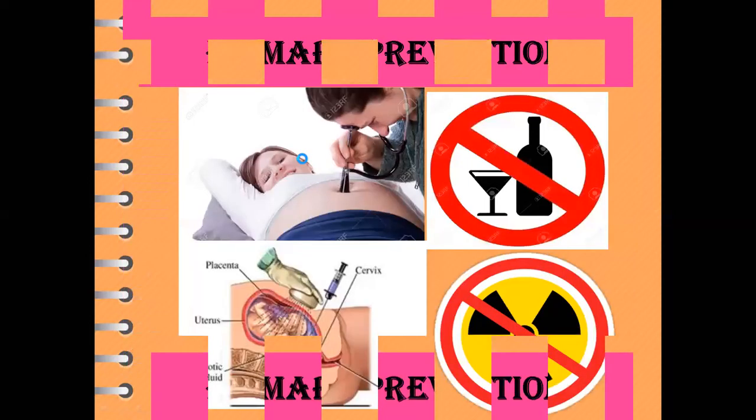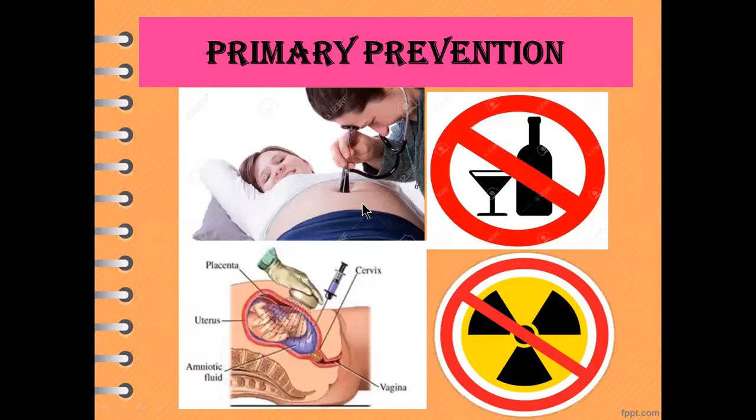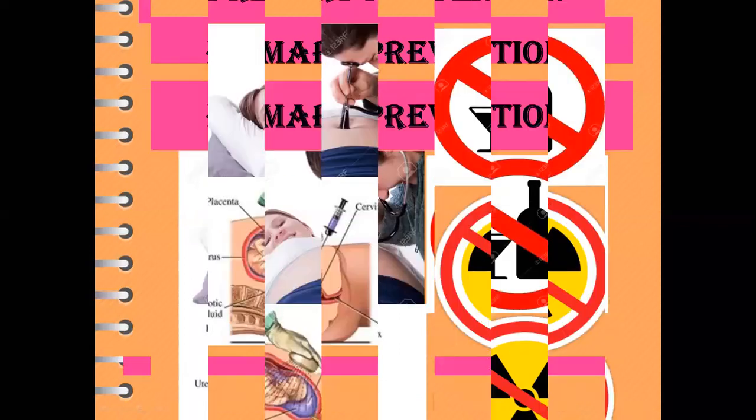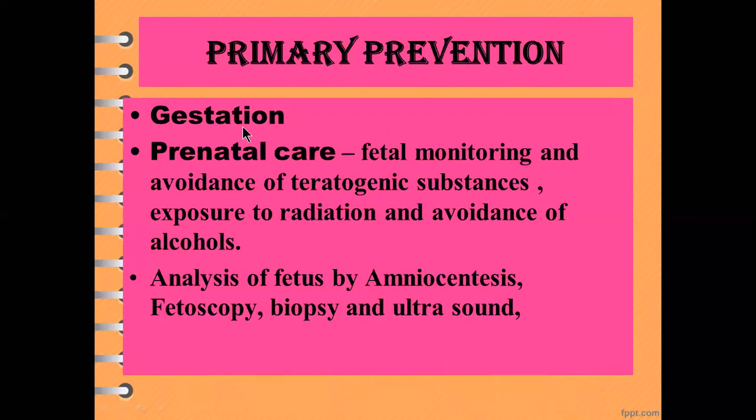Now let's see what the other things are, like proper antenatal assessment, avoiding the use of alcohol and amniocentesis analysis, and staying away from radiation can also prevent the child from developing mental retardation. Now gestation, during the gestation period, so prenatal care, fetal monitoring, this I already told you.